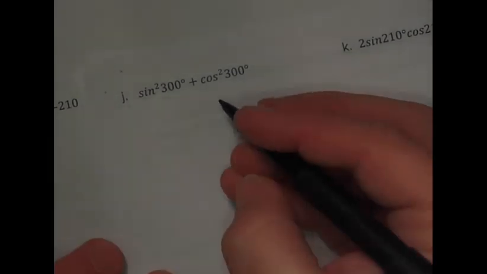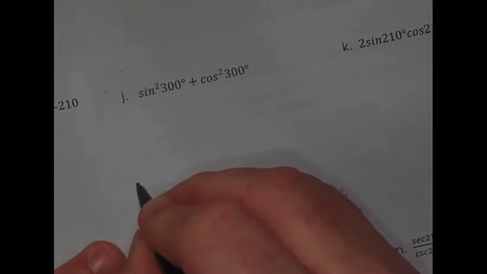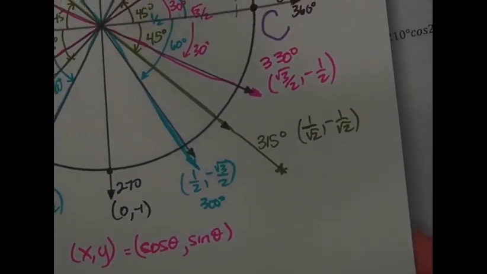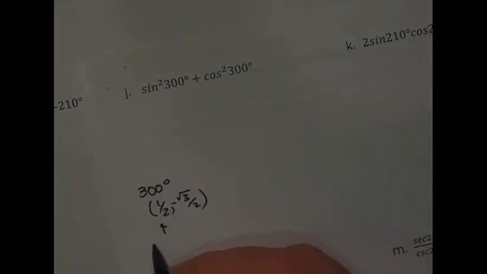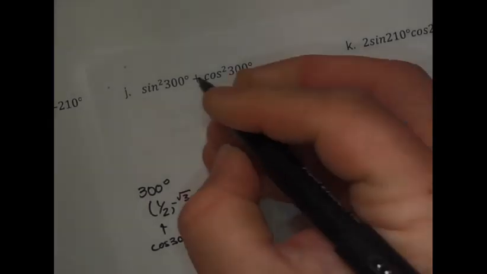Okay. I'll show you one more back here. If I was looking at 300 degrees, 300 degrees is the point 1/2, negative root 3 over 2. So there's the cos of 300, and there's the sine of 300.